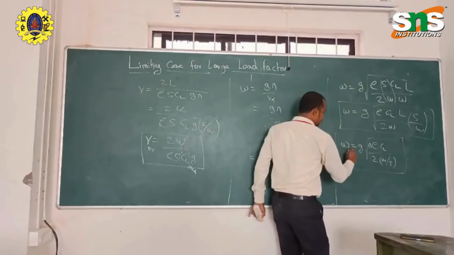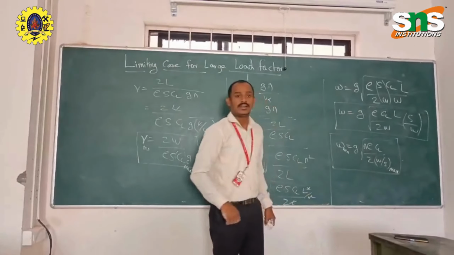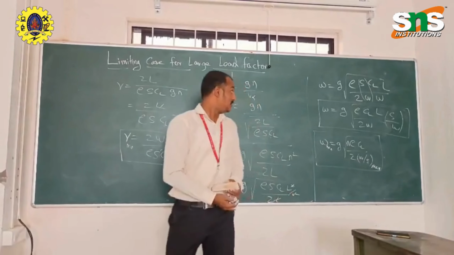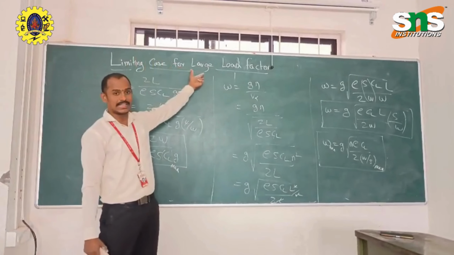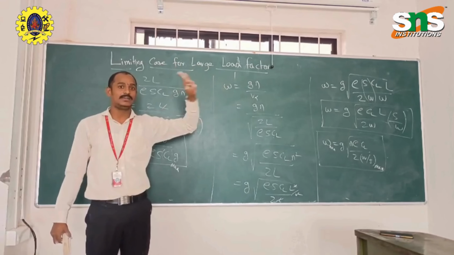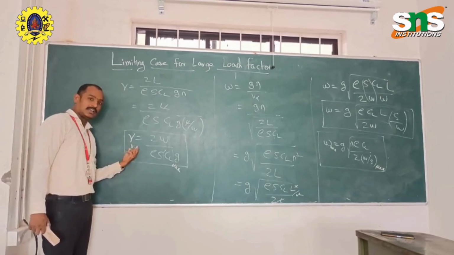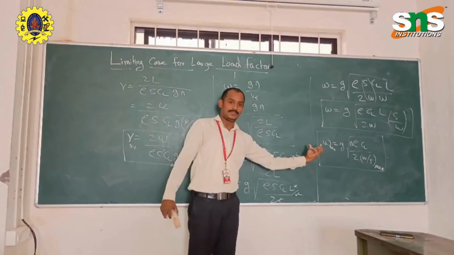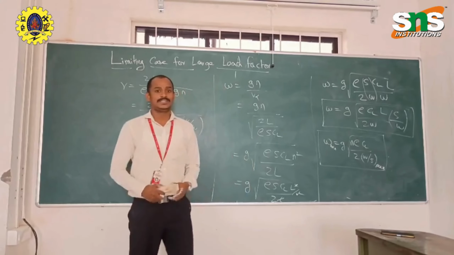Similarly, if the turn radius is minimum, the wing loading will be max. So from this derivation, in the limiting case where the load factor is large, for all three cases, level turn, pull-up maneuvering, and pull-down maneuvering, we infer that if we want the flight to turn at the minimum radius, CL should be max. Similarly, the minimum turn rate is achieved only with the wing loading being max. Thank you. We will see in the next class.